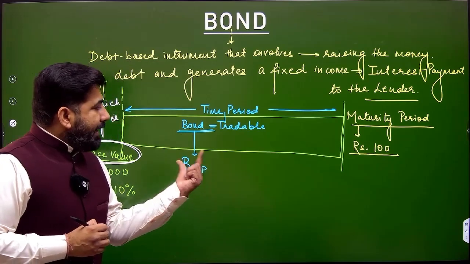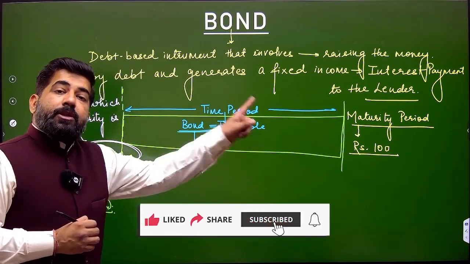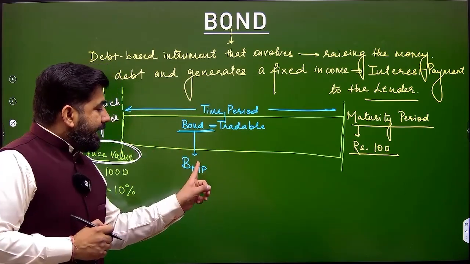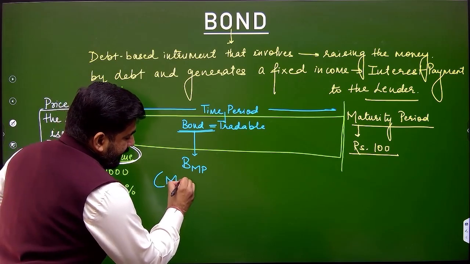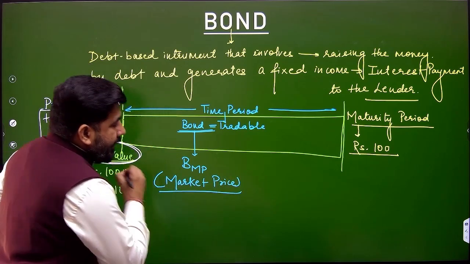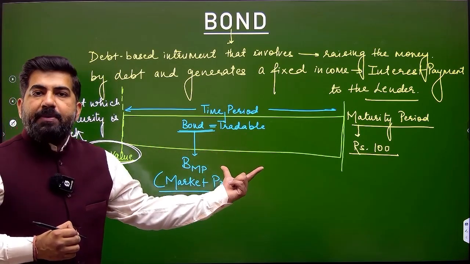Bond market price, MP, that is market price, is the price at which the bond is traded in the market, because a bond is tradable over the course of its time period.